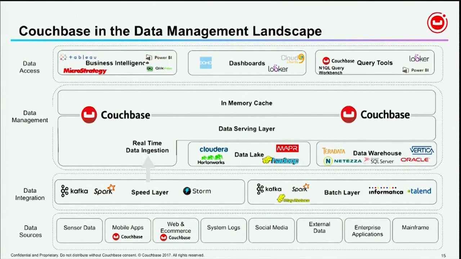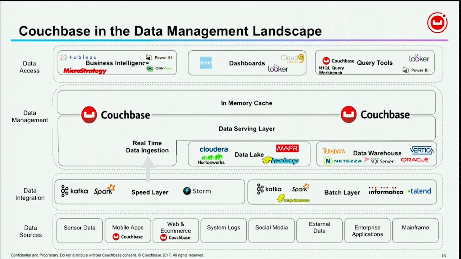Taking a quick look at some of the new data management landscape and where Couchbase fits in. You see a variety of technologies all in this broader ecosystem. I'm not going to go through all of the layers individually, but you see Couchbase's sweet spot and core capabilities in this user-serving, in-memory data serving layer, either taking data in from your users and or serving it out.